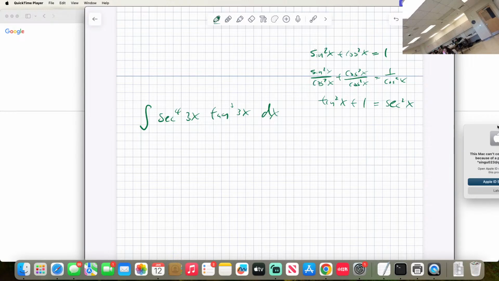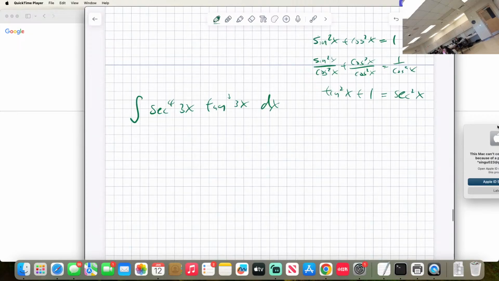So immediately, if people want to do this question, they will have some brief thinking about what u has to be, right? Now imagine that I can have a couple choices. I can have u equal to the secant of 3x.